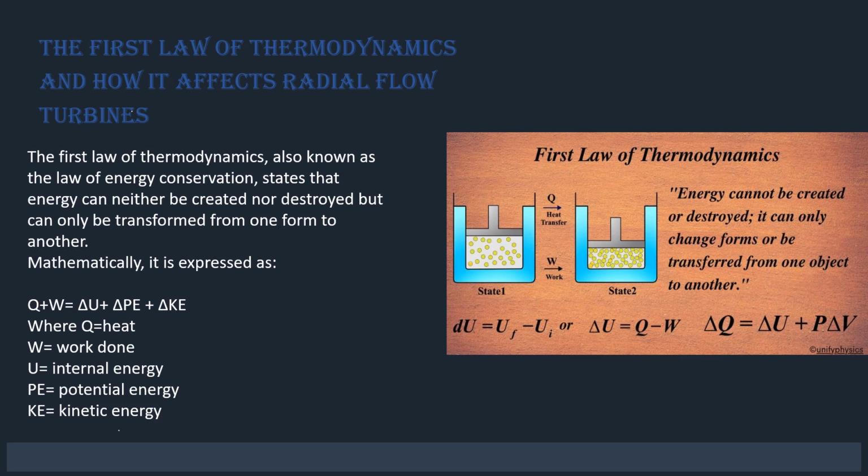Mathematically, it can be expressed as Q plus W equals change in U plus change in PE plus change in KE, where Q is the heat added to the system, W is the work done by the system, change in U is change in internal energy, change in PE is change in potential energy, and change in KE is change in kinetic energy.